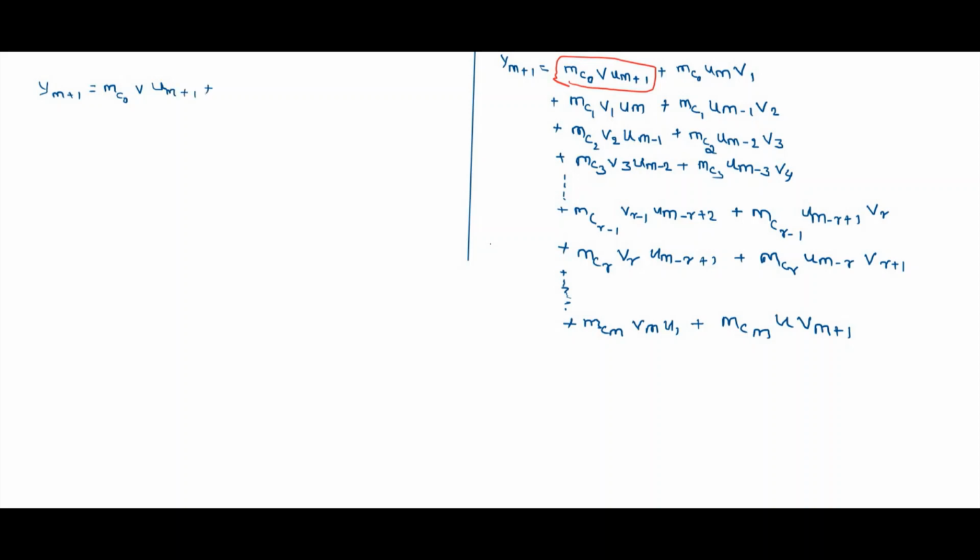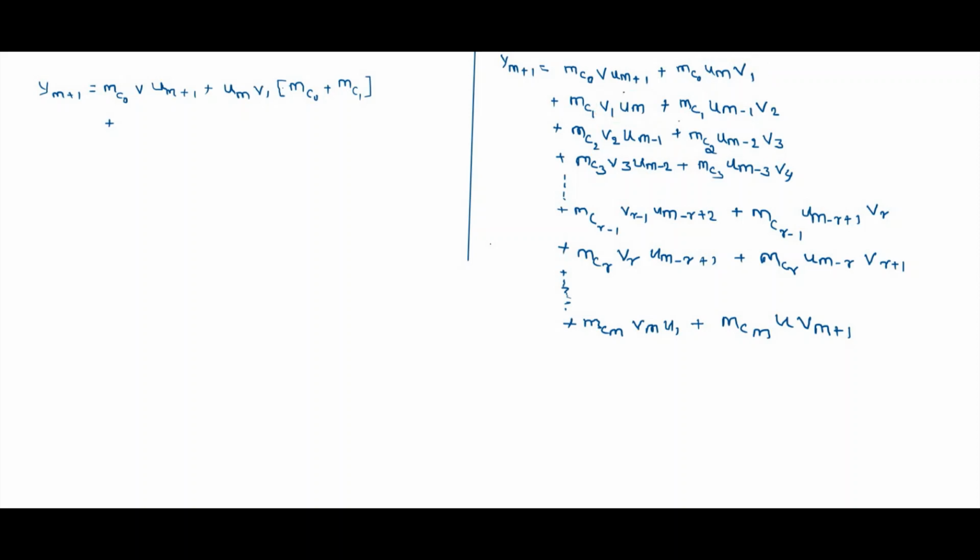Now you can see these two terms, from this term and from this term, you can take U^M V^1 common. So I will write U^M V^1 into bracket, MC naught plus MC1. Okay, then plus.